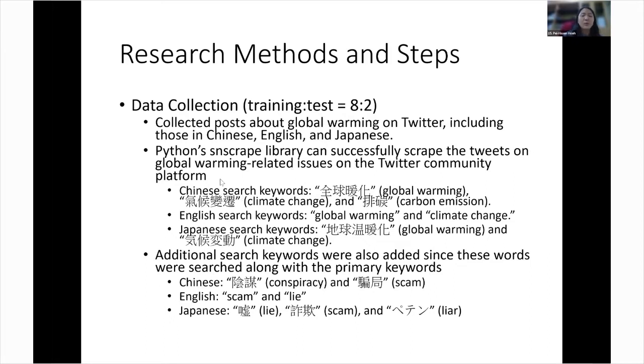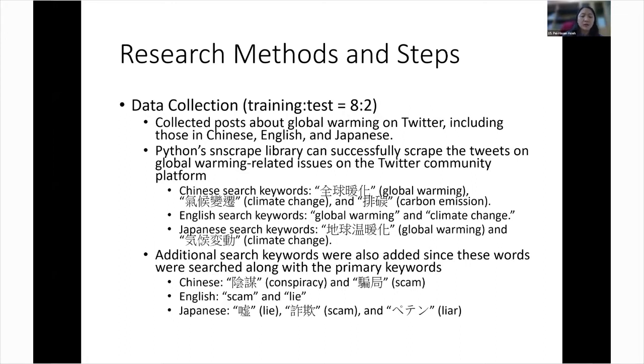And you can see that for each step in our research methods, we have to collect the data for Chinese, for English, and for Japanese. We also try to make sure that the keywords we use are really commonly used words that people will type when they post on Twitter.